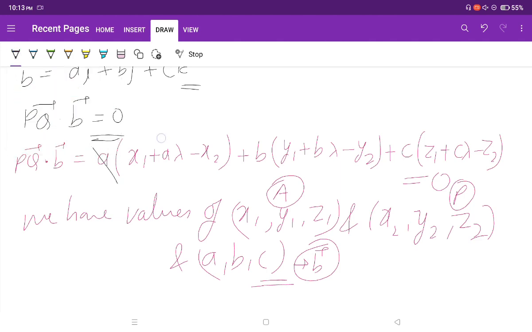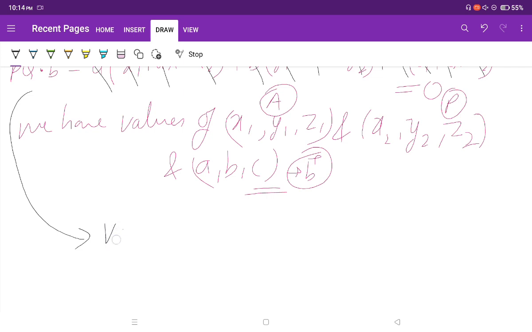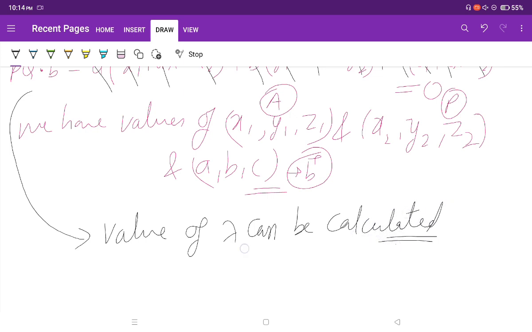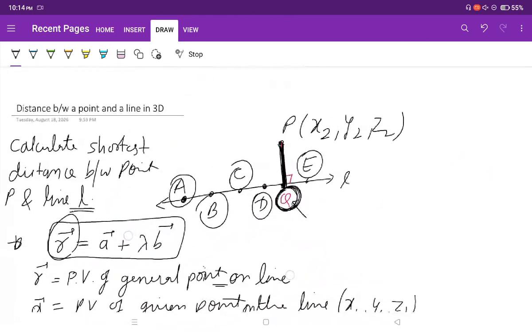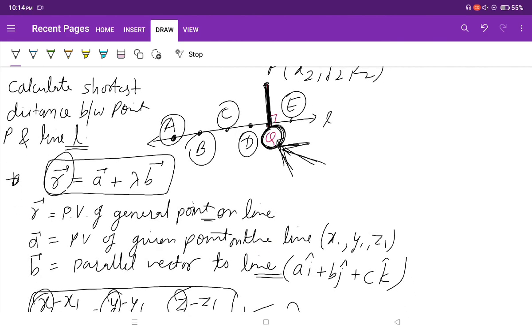So we have a, x1, x2, b, y1, y2, c, z1, z2, and the only remaining thing will be lambda, and from this equation the value of lambda can be calculated. Now we will get the value of lambda for which the general point Q will be perpendicular to the line, that is, the PQ line will be perpendicular to line L.